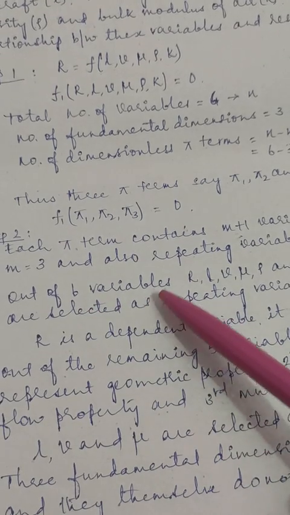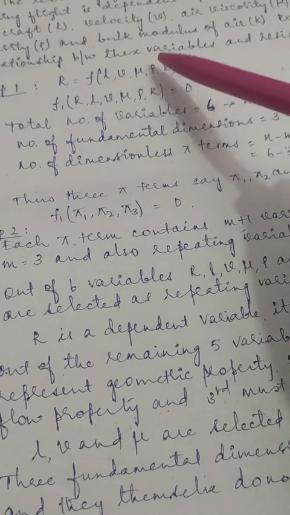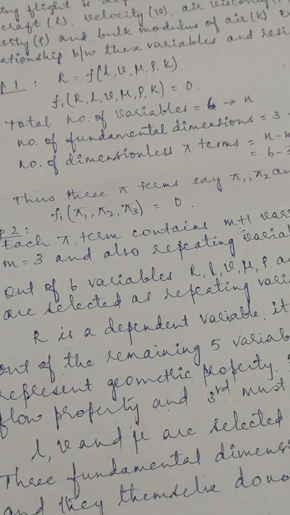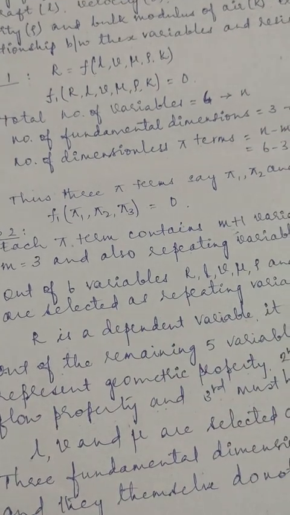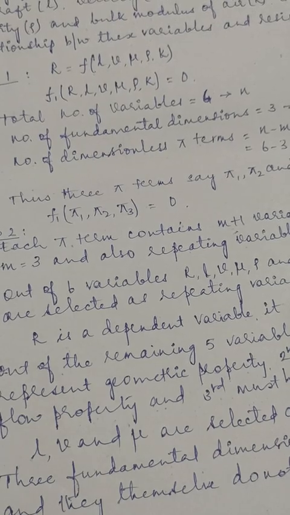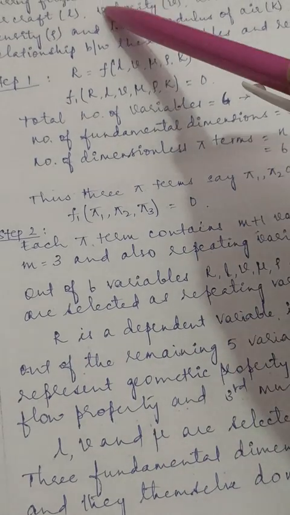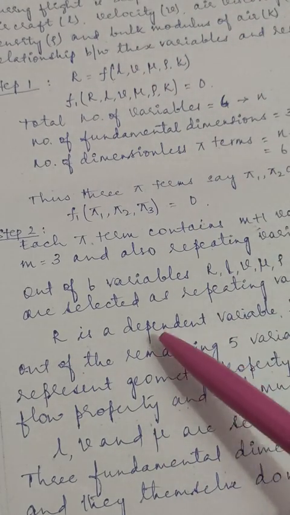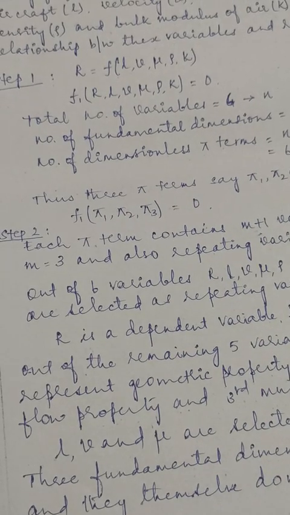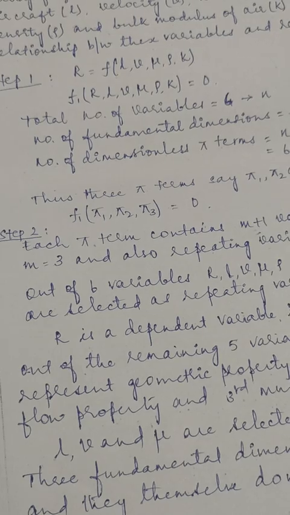Out of the 6 variables given here, 3 variables will be selected as the repeating variables, and since R is the dependent variable, that is the resisting force of the plane, it cannot be considered as a repeating variable.